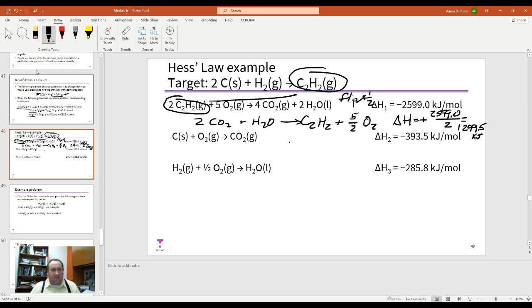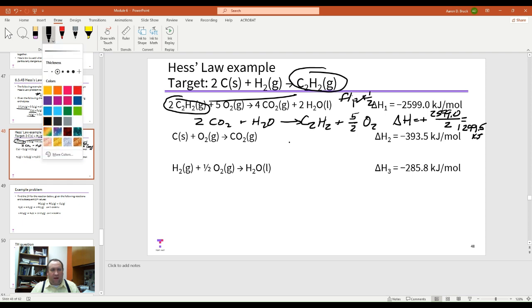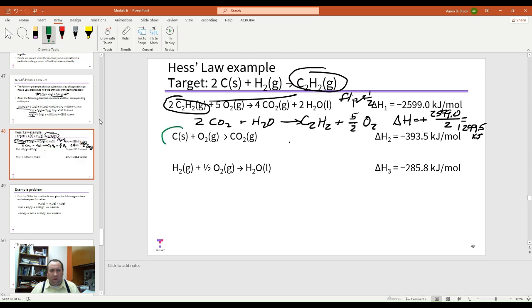Now I look at the next equation. The next one on my balance here is I've got carbon, and good news. Carbon is on the correct side of the equation. However, I need two carbons and the equation only gives me one. So I'm going to need to double this reaction. So I'm going to multiply everything by 2.